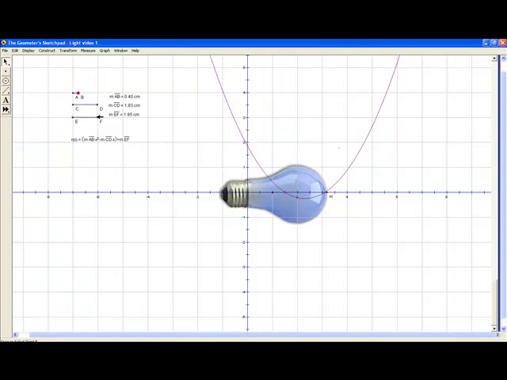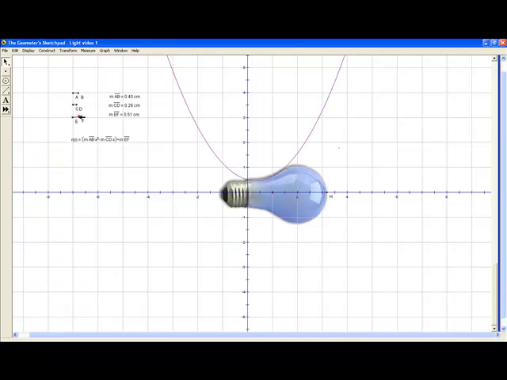I need to move it up, and I also need to roll it to the side like that. I can see that I'm getting closer, and I need to roll it a little more.